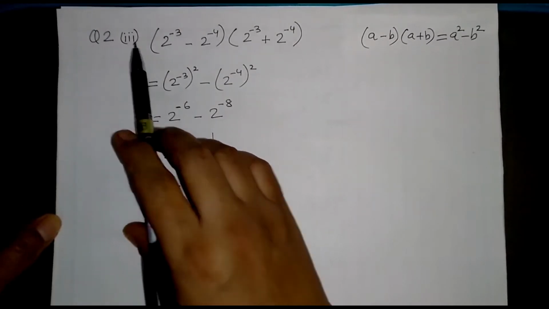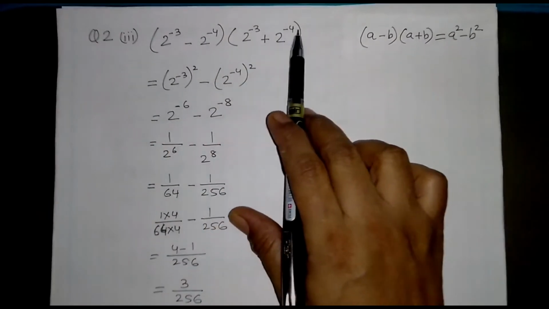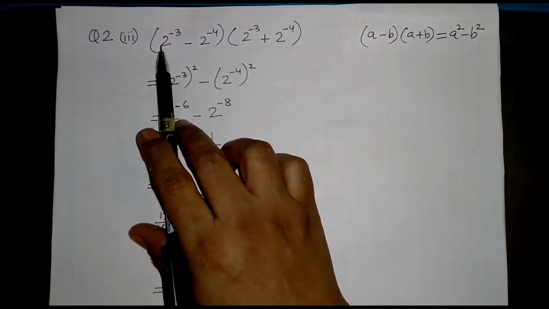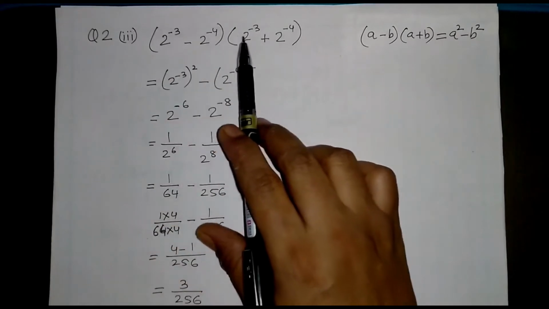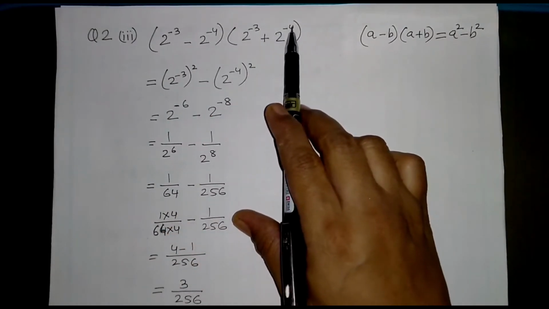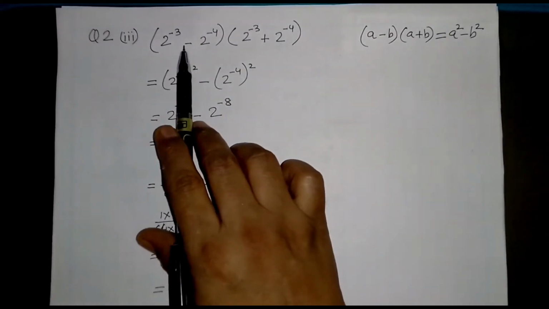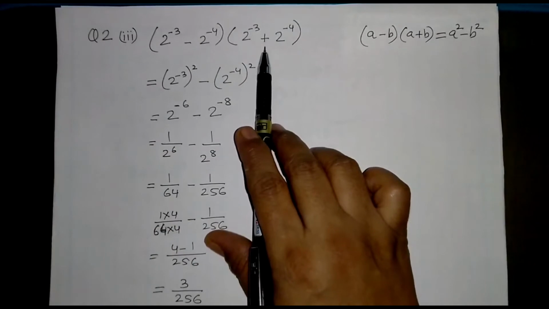Number 3 sum. Look at these two terms in these two brackets. Here we have 2 raised to minus 3, 2 raised to minus 3, 2 raised to minus 4, 2 raised to minus 4. The only difference between these two brackets is one has a minus sign here, one has plus.